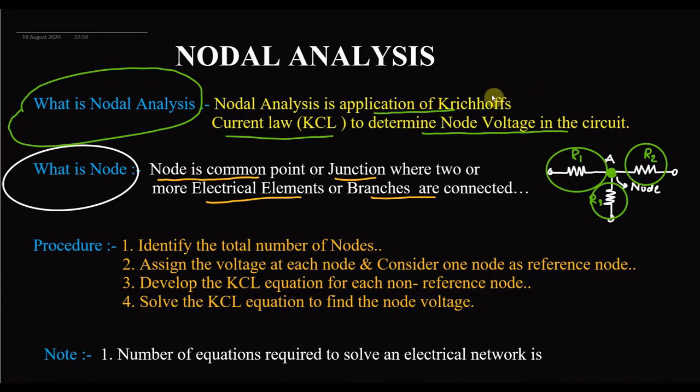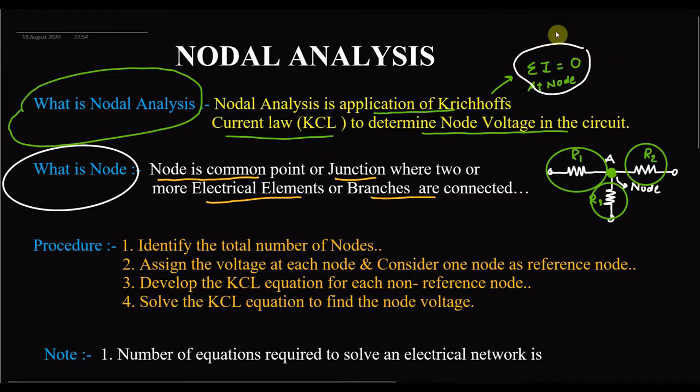Now we have studied Kirchhoff's current law. What is Kirchhoff's current law? The algebraic sum of current at a node is equal to 0. This is basically the law. The law says that the algebraic sum of the current at any node is equal to 0. Or we have studied it in another way also. What is that other way?